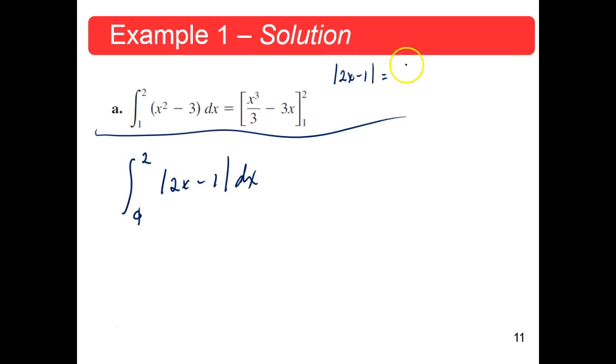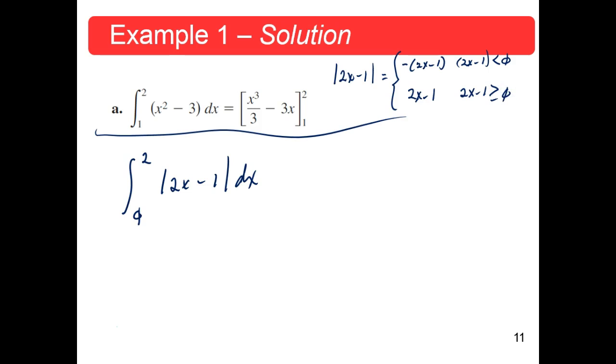So that would be minus a 2x minus 1 anytime 2x minus 1 is less than 0. Okay? This is a weird way of putting it, but this is what this means. And it's 2x minus 1 anytime 2x minus 1 is greater than or equal to 0. Okay. I know that looks bizarre, but that's exactly what absolute value means.